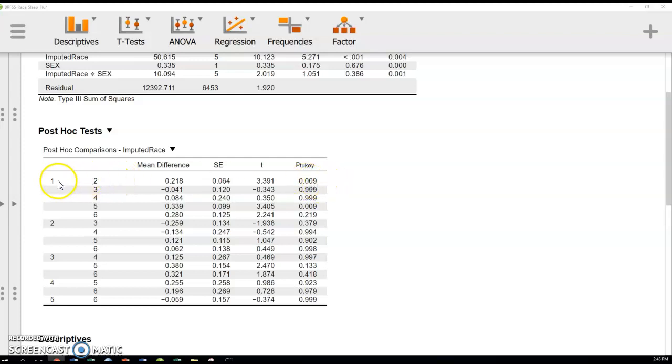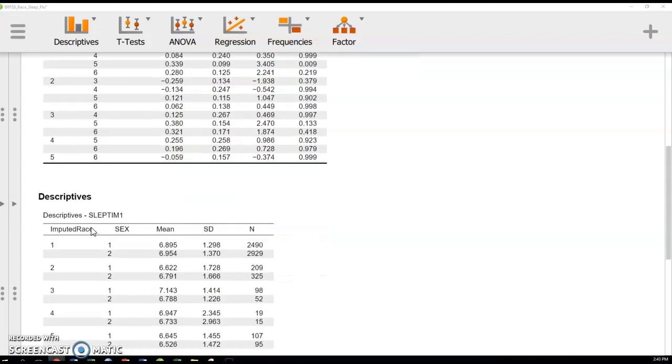The difference between white and black in the amount of sleep, and the difference between white and Hispanic was also statistically significant. So those are the only 2 that were statistically significant, and mine were the same. If you had one that was less than all the rest, you would say that that particular difference was the most statistically significant.